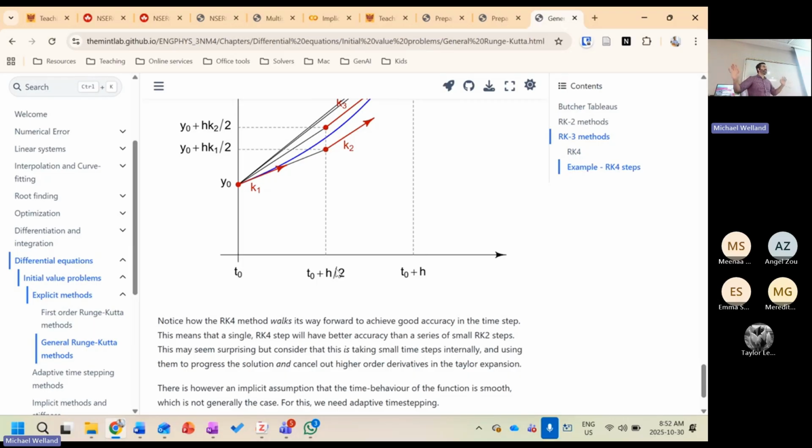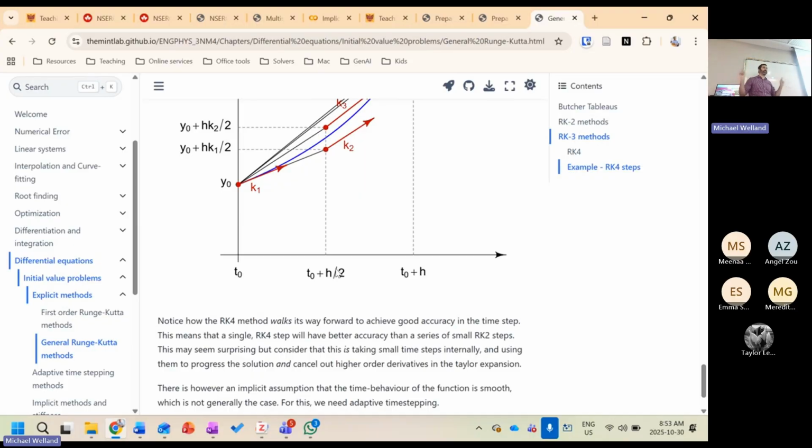The reason is that is effectively what RK4 is doing, but it's doing it internally. It's doing that hidden, and it's combining those results smarter than we would normally. It's not just about taking smaller steps. It's about using that information to cancel out our other errors. Okay?